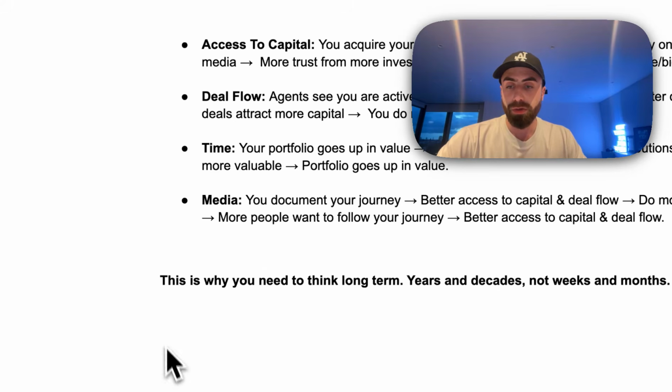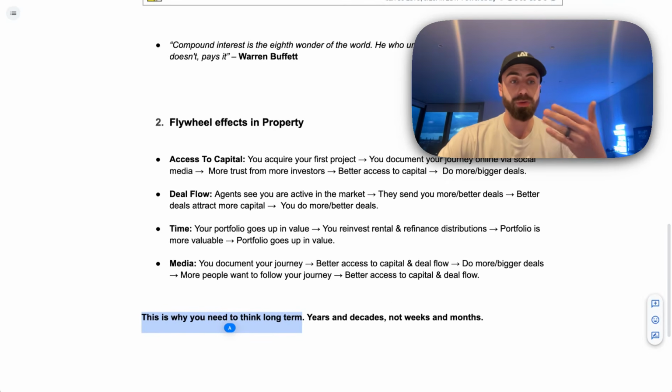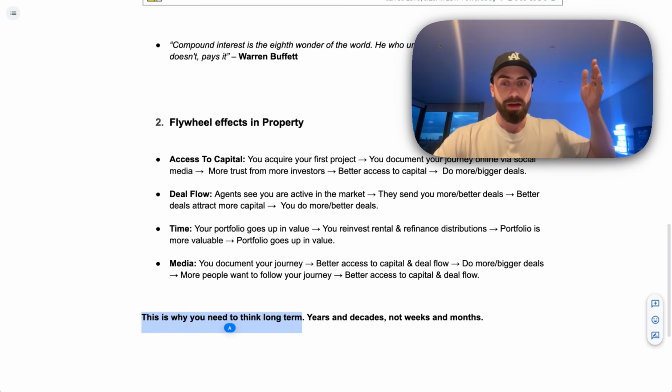So this is ultimately why you need to think long-term with your property business, but also you need to apply these compound effects, these flywheel effects, which predominantly is use social media as a tool, use personal branding as a tool to achieve trust and showcase and document your credibility, your journey at scale, and then leverage that to attract more deal flow, more capital.